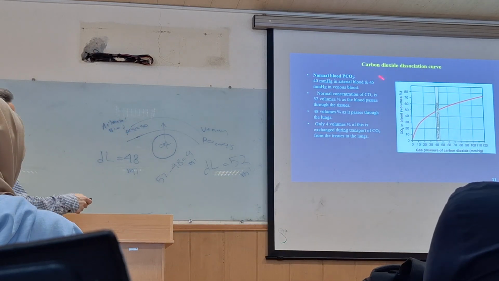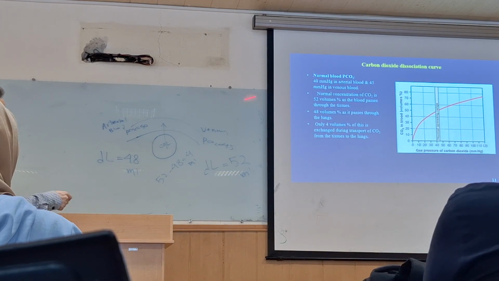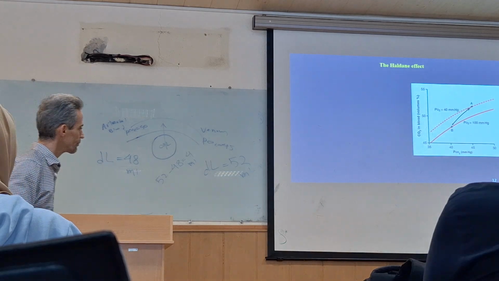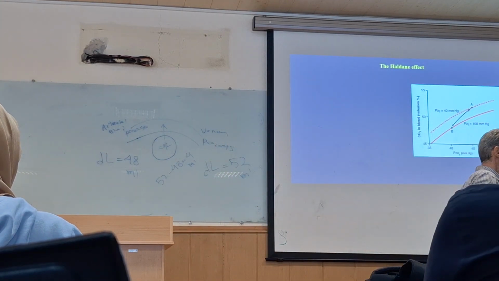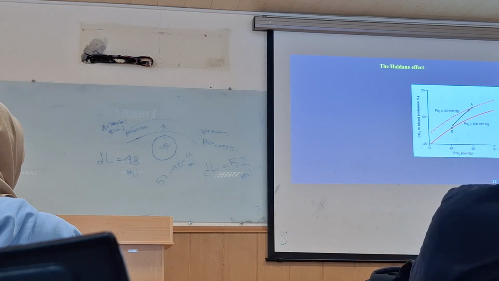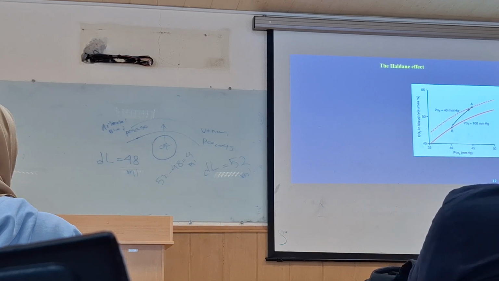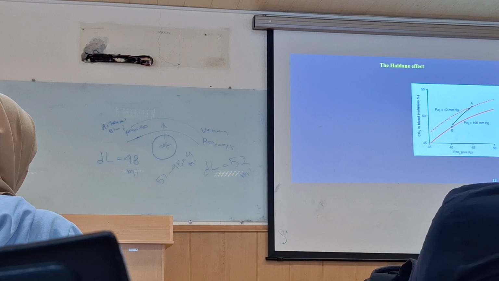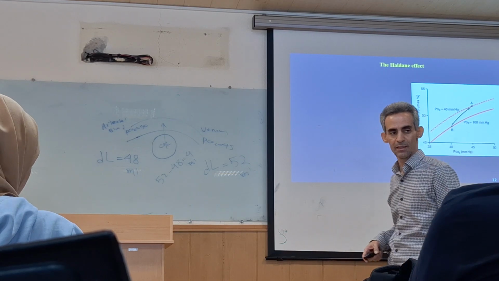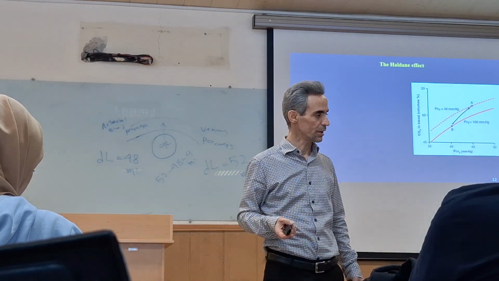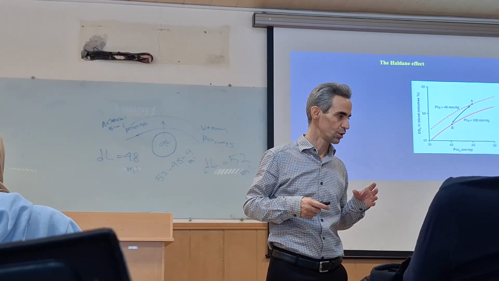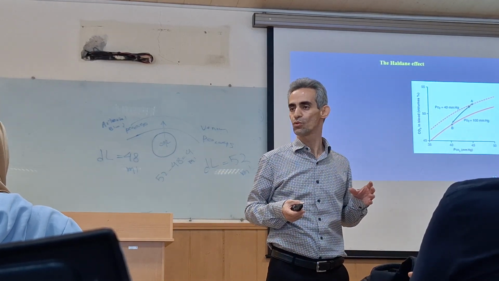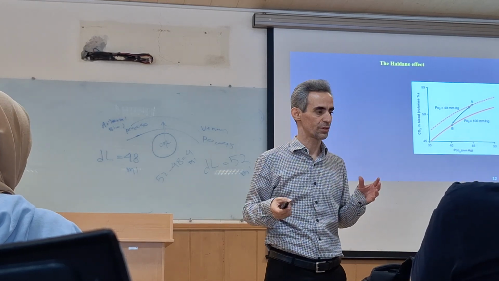In here, you can see this calculated again. But similar to the Bohr effect, we have another effect by the name Haldane. The Bohr effect tells that carbon dioxide can change the affinity of the hemoglobin to oxygen and lead to left and right shift.